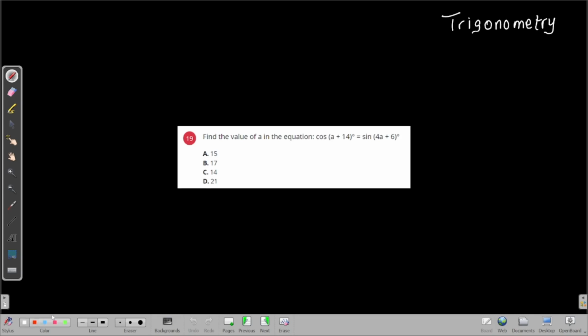Trigonometry. Find the value of A in the equation. So cos A plus 14. Okay, so now you know that cos theta is equal to sine 90 minus theta.